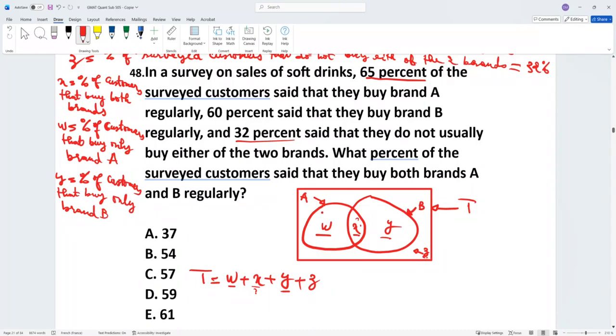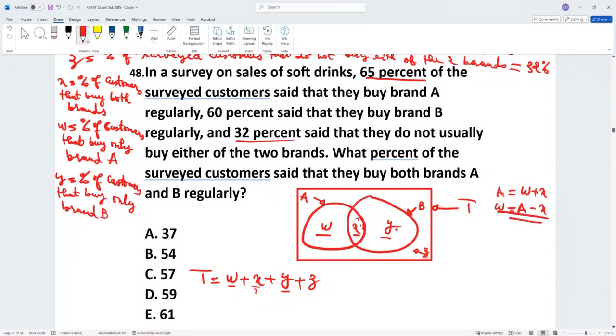We know that A is actually equal to W plus X because this is the circle of A here, and it's made up of W and X. So we can say A is equal to W plus X. Then W is going to be equal to A minus X. So we can use that.